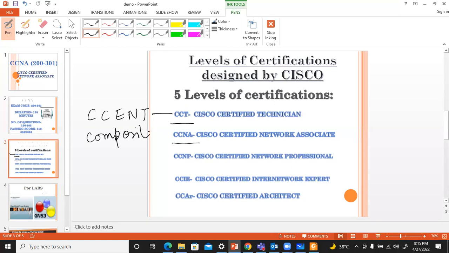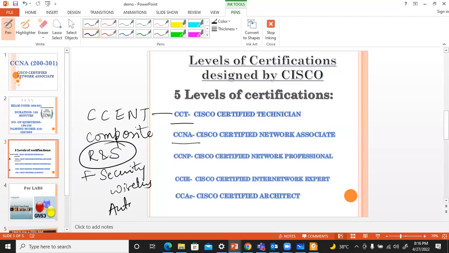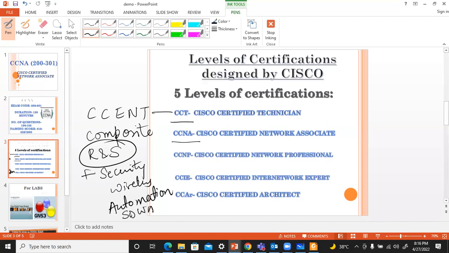The main focus still remains RNS, routing and switching, but a lot of other topics have been added like security, wireless, automation, and SD-WAN. These are the topics added in the new CCNA, which has become a composite exam.